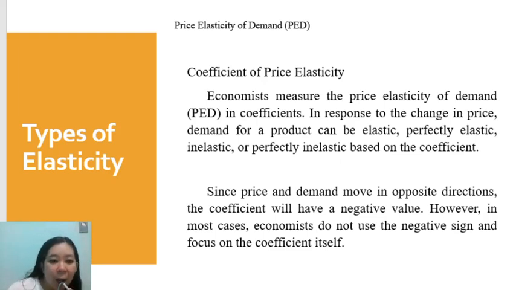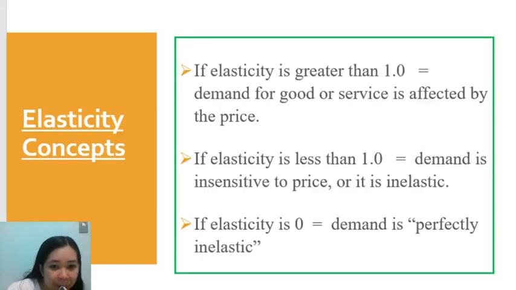Again, we will follow the first three concepts that we've mentioned earlier. Remember that if elasticity is greater than 1, meaning the good or service is affected by the price, that is considered to be elastic. We will apply this rule as well in connection with our price elasticity of demand.